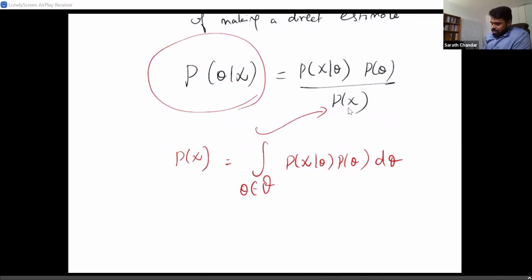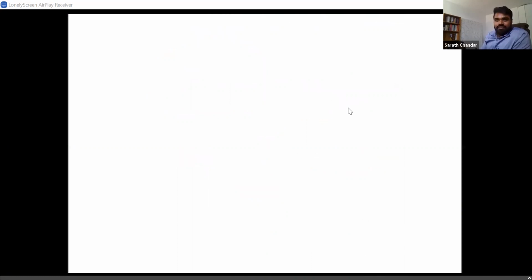Now this is a very complex integration to do. So finding this integral is the intricate part of Bayesian learning. This is difficult to do.